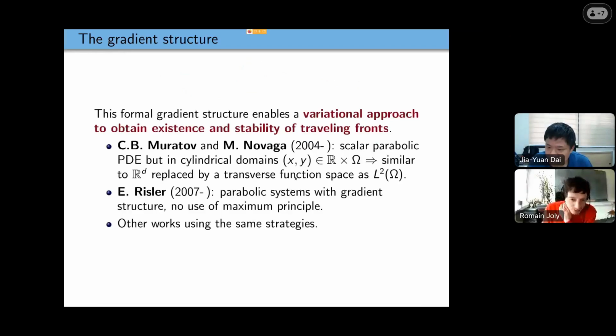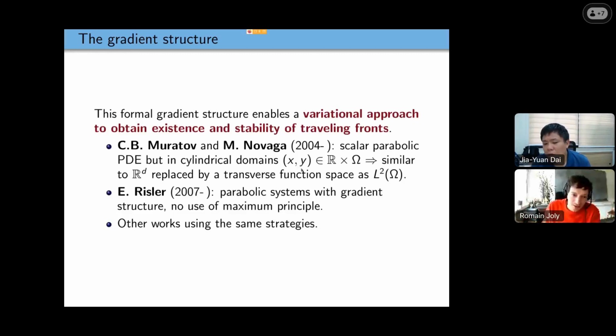Okay, so for cylindrical domains, even for the scalar parabolic PDE, you can use the same point of view, except that your transversal space is not R^d, it's again a PDE. But you can see your front as a homoclinic or heteroclinic orbit in the PDE, so you can play the same game.